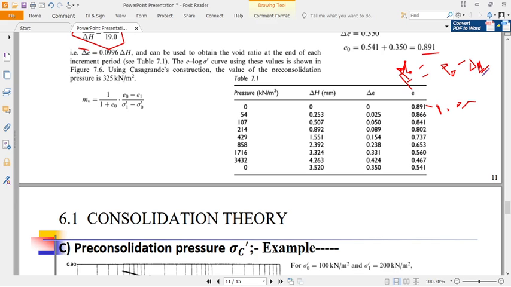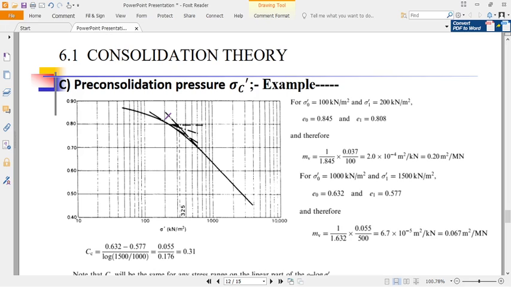Then you construct, using the method you have been taught: you extend this line, do a tangent at the point of maximum curvature, draw a horizontal, and bisect the angle between them. Where the bisector meets this line gives you the pre-consolidation stress.